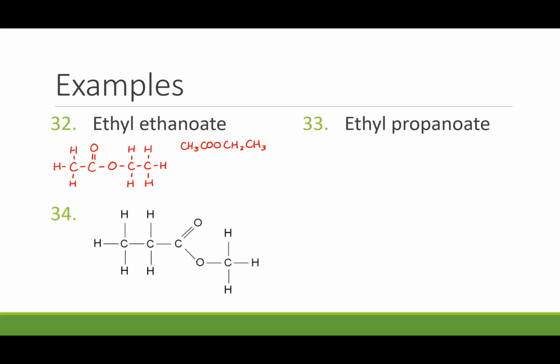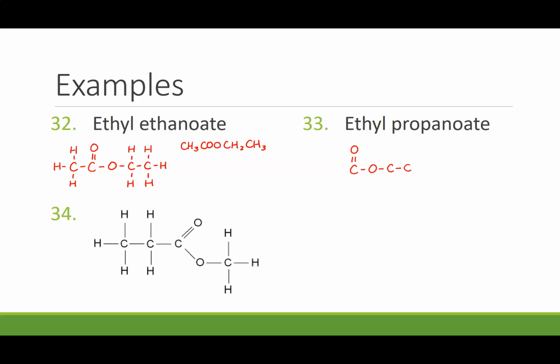In number 33, we're drawing ethyl propanoate. Unlike in number 32, the two hydrocarbon chains in this compound would be different. Since ethyl is named first, that is the hydrocarbon chain that replaces the hydrogen in the carboxyl group. So I'm going to start by drawing the ester group. There it is. And then we know that the ethyl group replaces the hydrogen. So eth means two carbons right there.